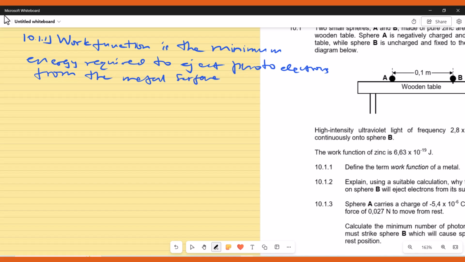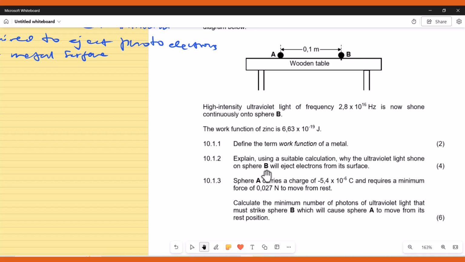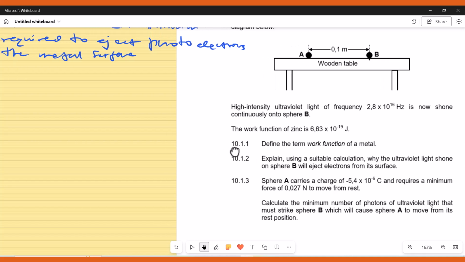Now they say here, explain using a suitable calculation why the UV light shone on sphere B will eject electrons from its surface. Let us look at our theory again.